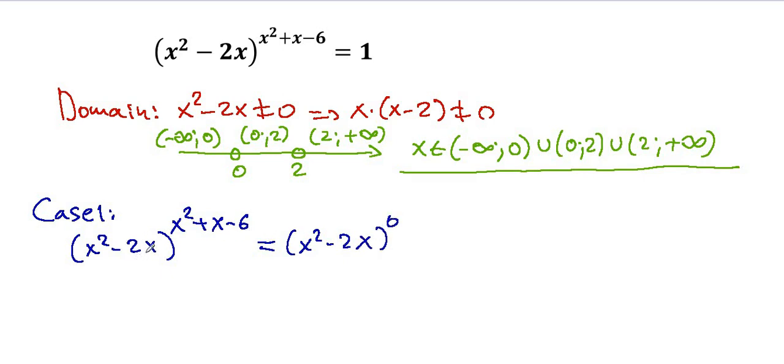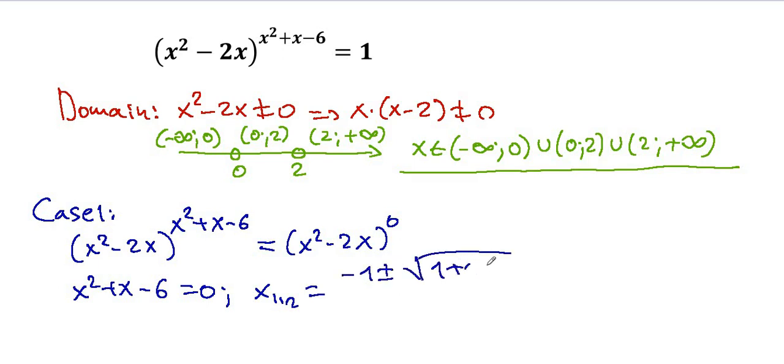We see that the bases are the same, therefore we can equate exponents. x squared plus x minus 6 is equal to 0, and it's easy to solve this quadratic equation using the discriminant. x1,2 is equal to (minus 1 plus minus square root of 1 plus 24) divided by 2, which is minus 1 plus minus 5 divided by 2.